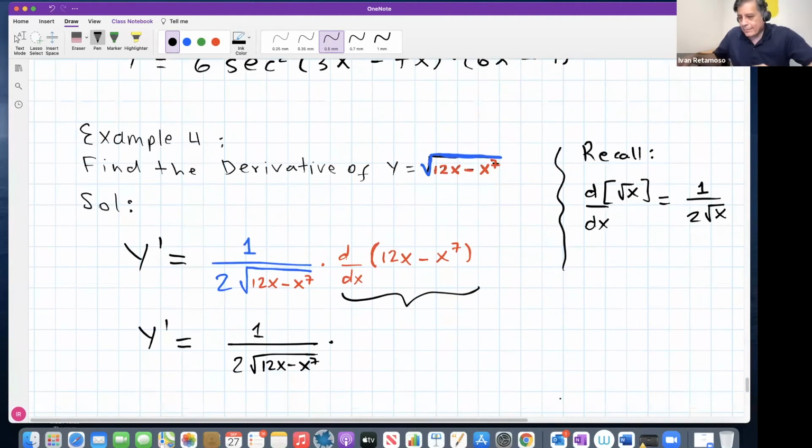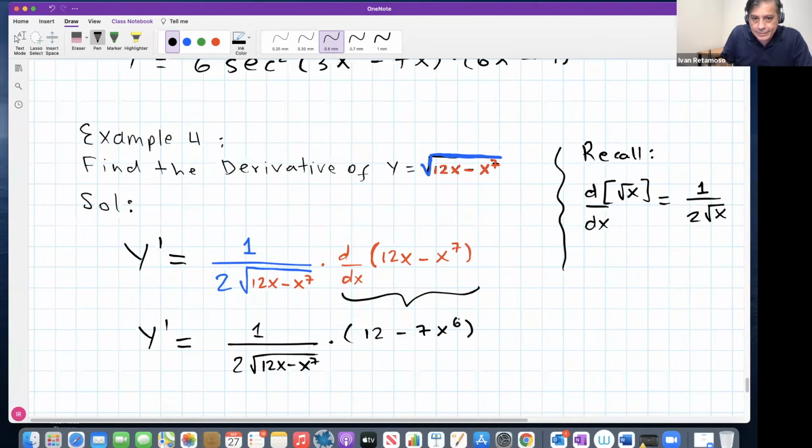Anybody on the chat or verbally, you can tell me? The derivative of this 12x minus x to the 7, sorry. Yeah, very good, Marcos. 12 minus 7x to the 6. Excellent, excellent. This derivative of polynomial functions, you should really know very well.